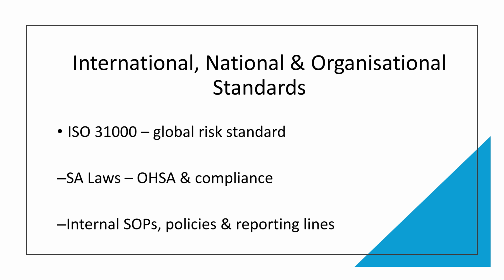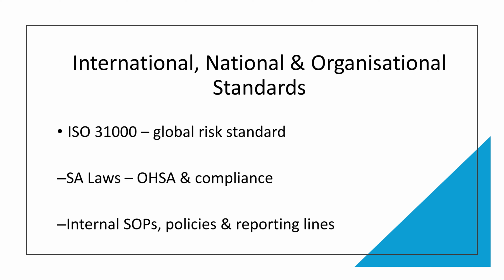National standards include South African laws like the Occupational Health and Safety Act. These laws protect workers by ensuring organizations manage machine safety, hazardous materials, emergency procedures, and safe working conditions.